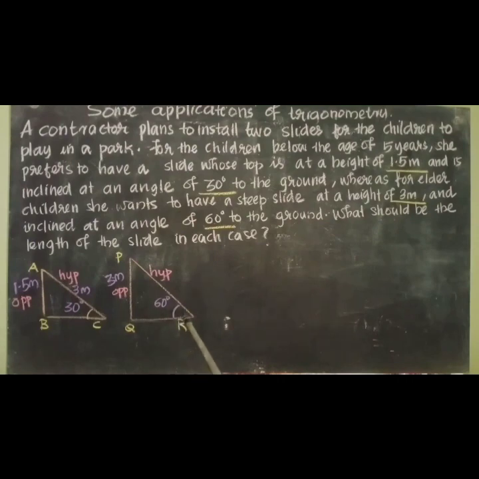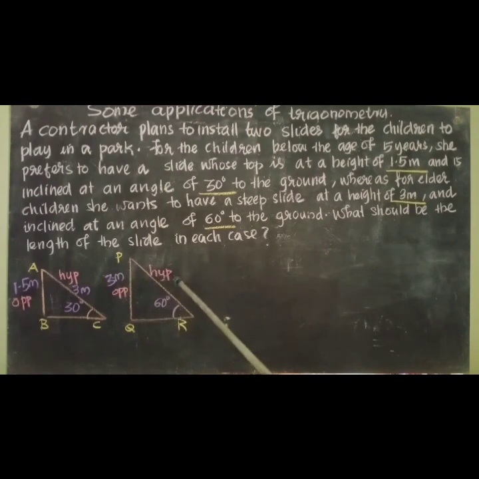Now let us consider the second case. Here the acute angle is angle R with measurement 60 degree. For this acute angle, we know this PQ is the opposite side and PR is the hypotenuse. Opposite side is given, 3 meter.